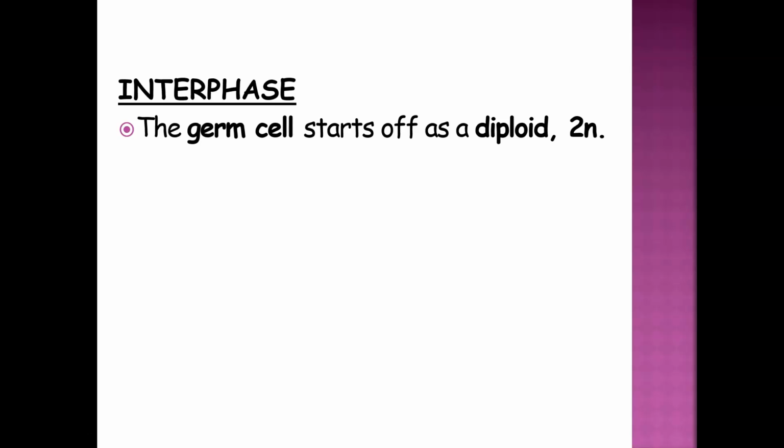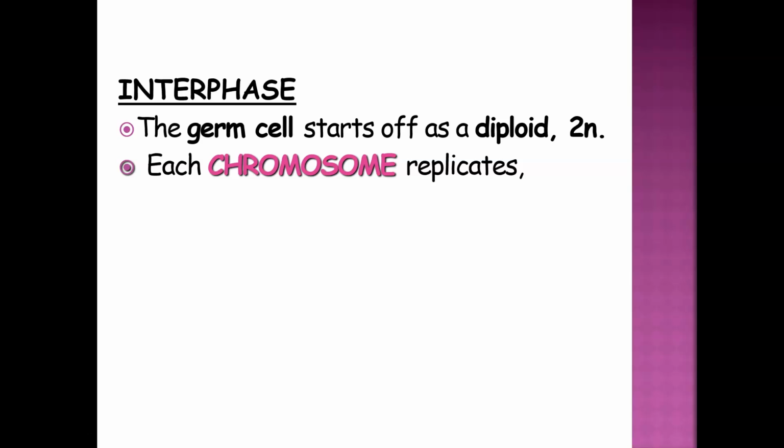So meiosis occurs within the cell cycle, interphase, that part of the cell cycle that all cells go through. Interphase is the longest part of any cell cycle. So the germ cell starts off as diploid, 2N.